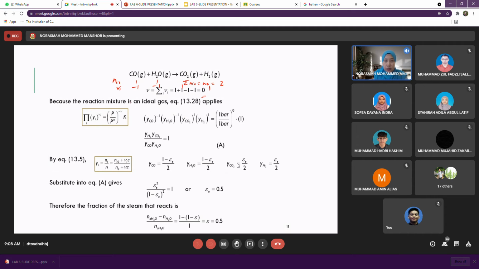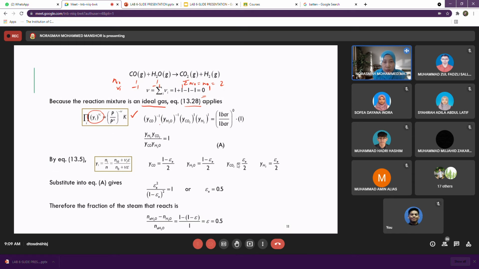Okay, given the reaction mixture is an ideal gas, you can apply equation 13.28, this equation. This symbol, pi yi to the power of vi, is the product of these. So you write them one by one: yCO -1, yH2O -1, yCO2 1, yH2 1.